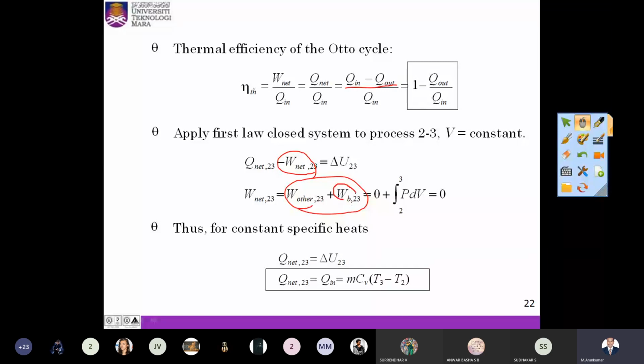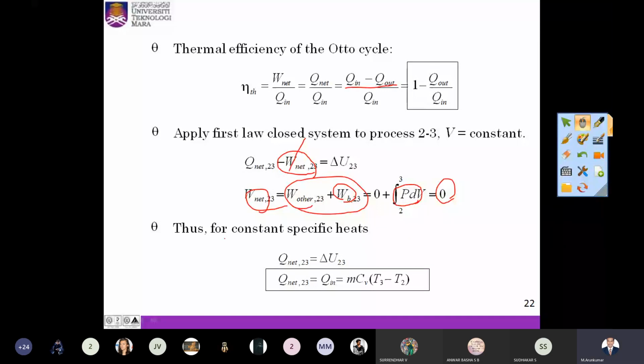Here we have a constant volume process, so the work is the integration of PdV from 2 to 3. But we know that for a constant volume process there is no work done. So W net will be 0. There is no value for W in a constant volume process. So we don't have the W net here, and we can neglect this. Then finally we have Q net is equal to delta U.